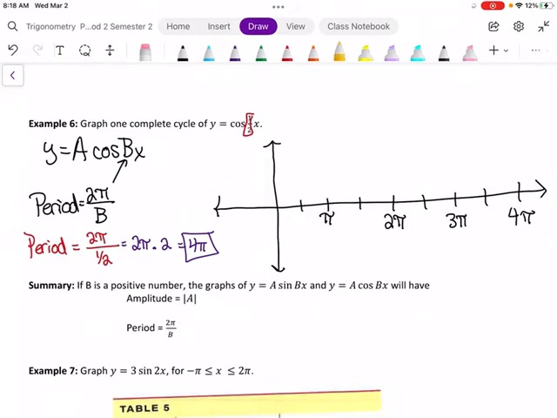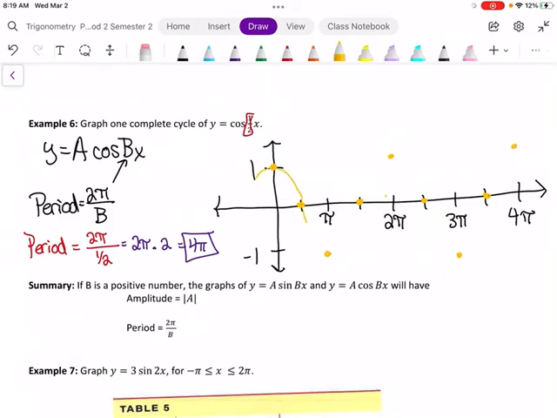If we were to graph our parent function, go to 1 and -1, our parent function would start at 0, 1 for cosine, and then it would end at 1 at 2 pi. So we go up from 1, down to 0, to -1, 0, up to 1. So this is what our parent graph will look like.